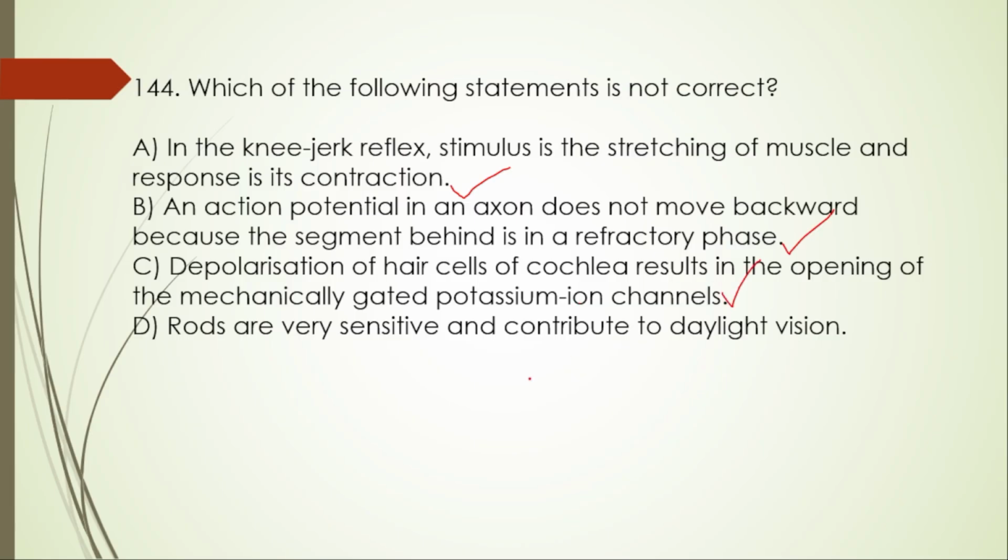This one is also correct. Whereas D, rods are very sensitive and contribute to daylight vision. This one is wrong, because rods are responsible for the vision in low light. Cones are responsible for the daylight, not the rods. Okay, for daylight, who is responsible? Cones. So this one is the right one.